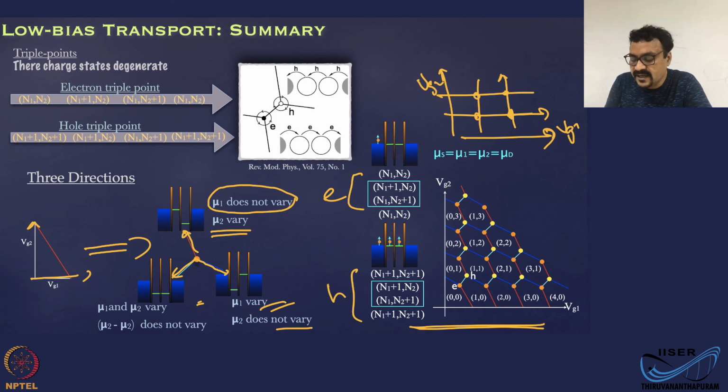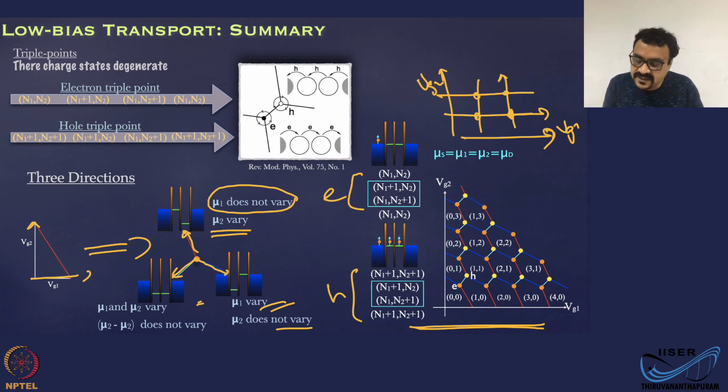Okay, they arrange into a honeycomb shaped structure in the VG1 VG2 space, and these two charge states are common for both. Okay, but they are not degenerate, they are shifted now, but those states are common because the voltages at which it happens for the electron triple point and the voltages at which it happens for the hole triple point are shifted slightly, that we discussed already.